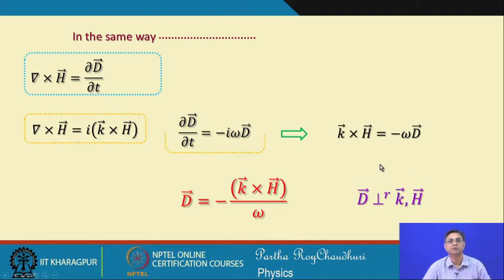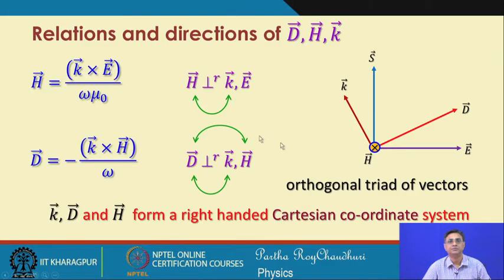So, let us put all of them together. From this relation we find H is perpendicular to k, H is perpendicular to E, and likewise D is also perpendicular to k. So, if you take this property H perpendicular to k and D perpendicular to k, then k, D and H form a right handed Cartesian coordinate system.